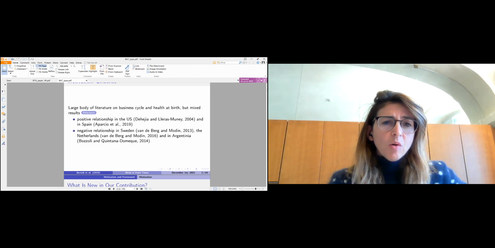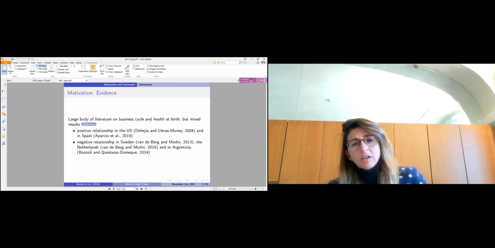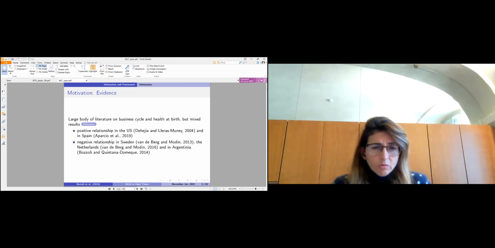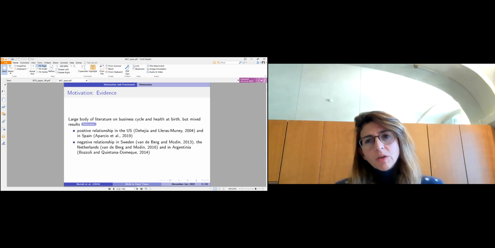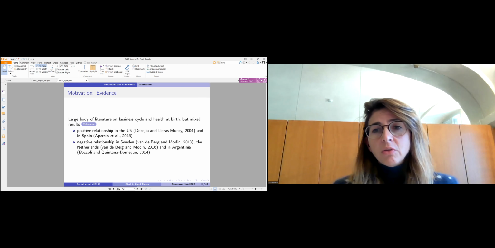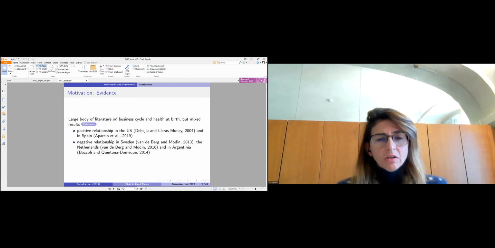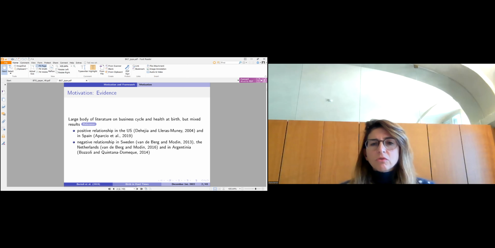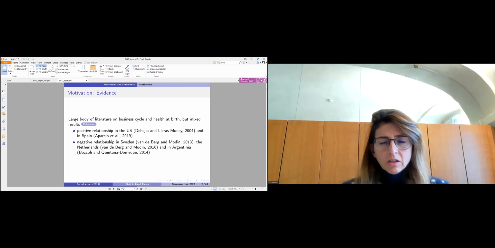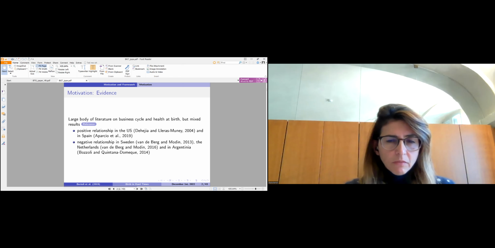We have a positive relationship that has been observed for countries like the US and Spain, where, however, the effects seem to be driven by a selection of the women giving birth during economic recession, while in other countries where this selection seems not to take place, we observe a negative relationship. So we go from Sweden to Netherlands, Denmark, or Argentina, and so on.